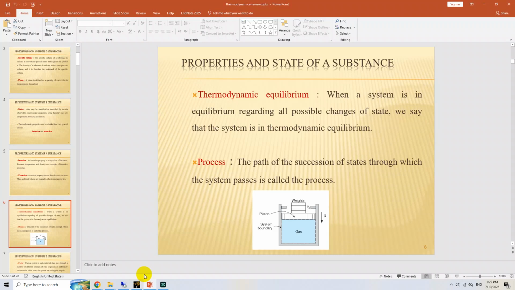So in the initial state of the system we have one volume, and at the end of the process we have another volume. The volume increases during heating of the system. So this is a process. Volume varies from state 1 to state 2.